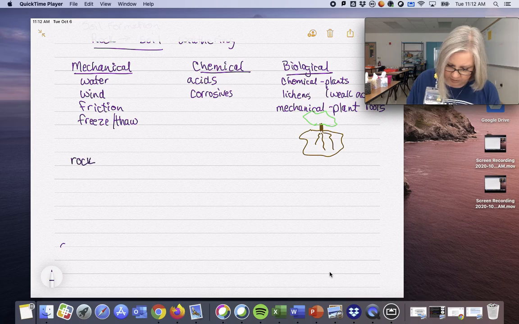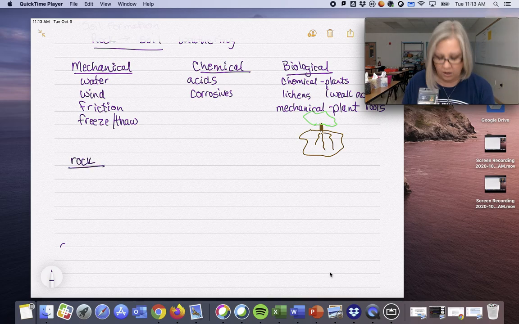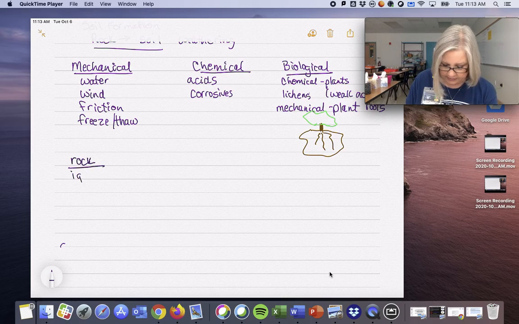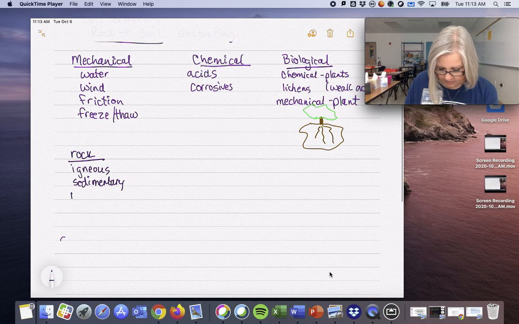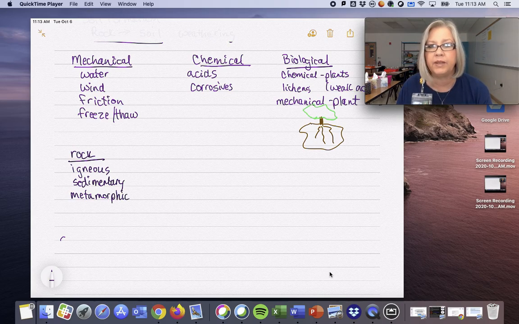We've looked already at our different kinds of rock. We have igneous, and we have sedimentary, and metamorphic. Now, of those three rocks, the one that is probably the softest, generally speaking, is sedimentary.